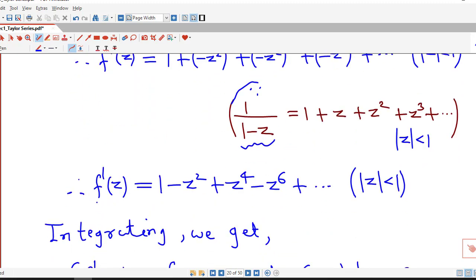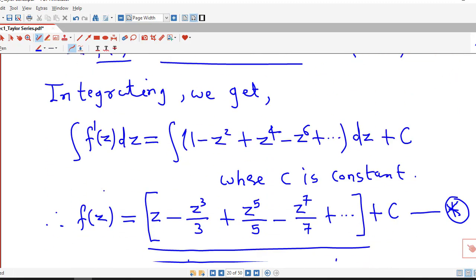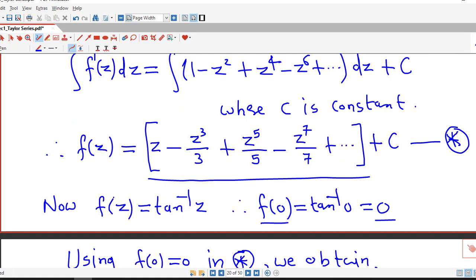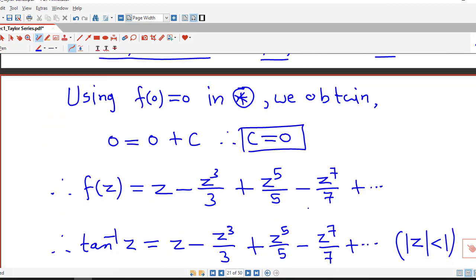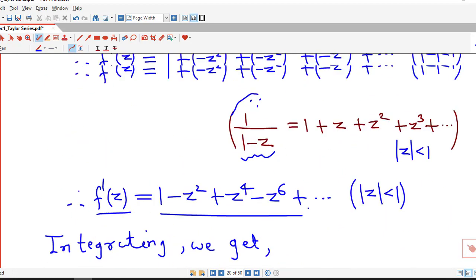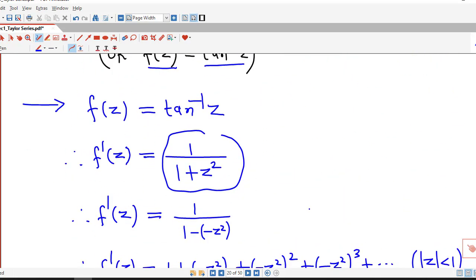Then we obtain the Maclaurin series of f dash z, and to obtain f(z) from f dash z, we take integration, and to find the value of the constant, we use the fact that the value of tan inverse 0 is 0. If we go in this way, we can easily obtain the Maclaurin series.